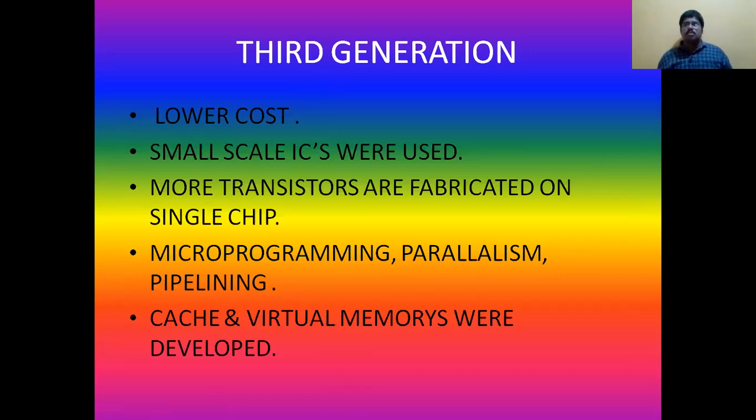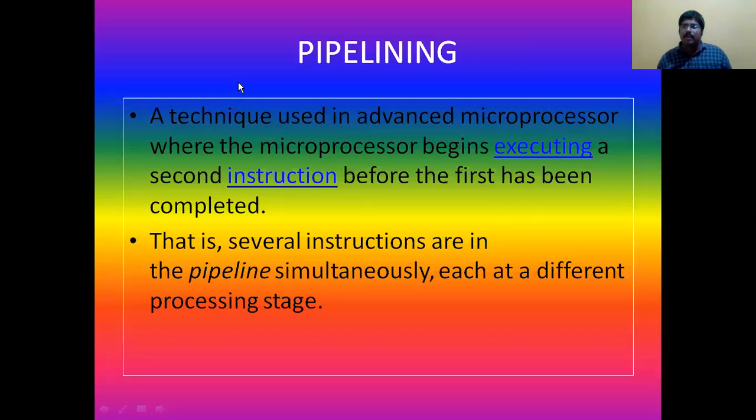From here we have started discussing the rest of the slides. In the third generation, they have mentioned microprogramming, parallelism, pipelining, and cache memory; till now we have discussed them. This is about pipelining.